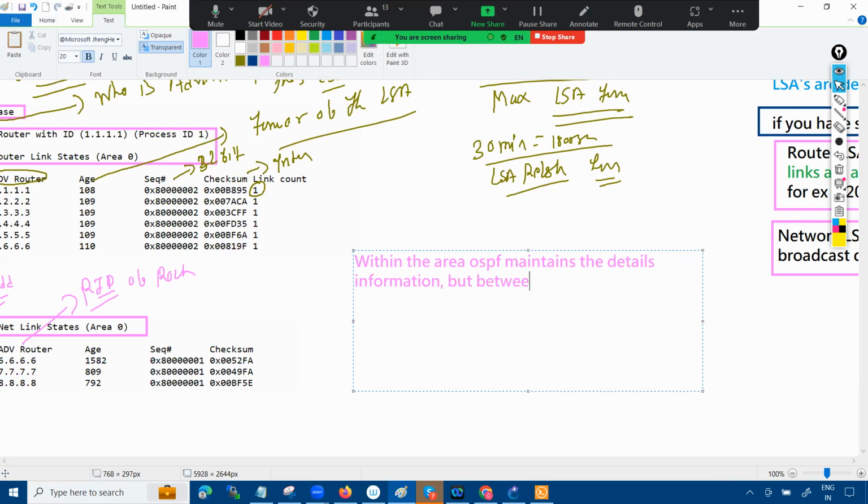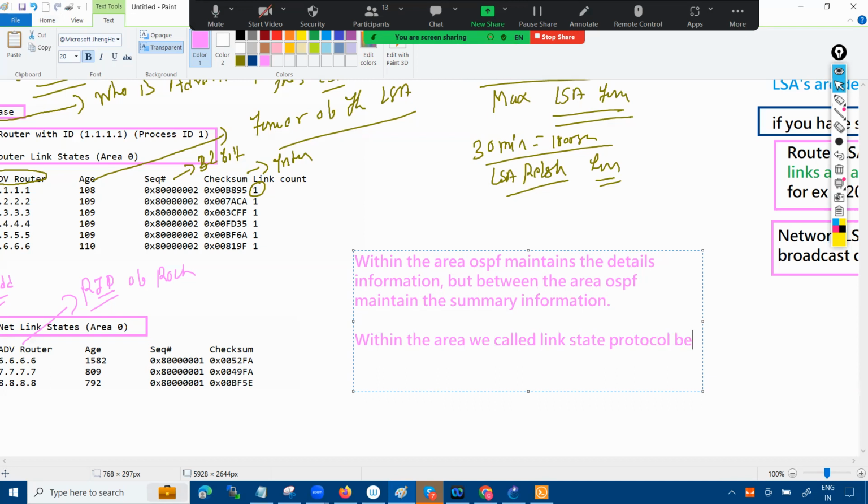But between the areas, we share only summary information. Within the area, we call it a link state routing protocol.